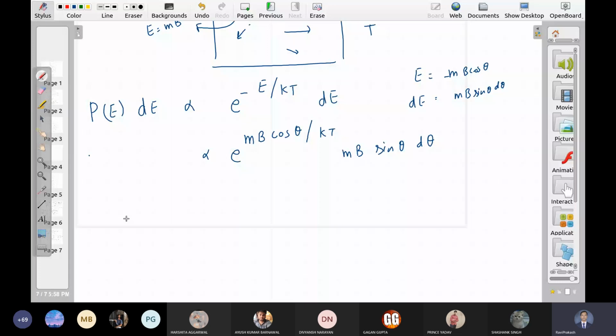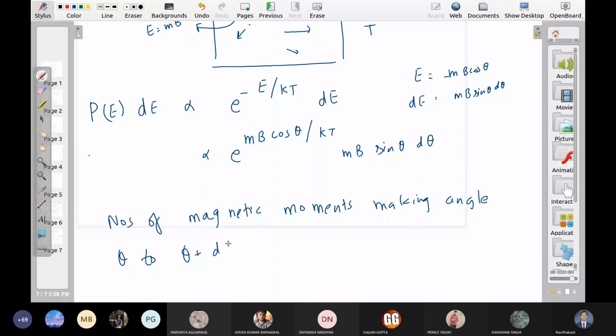Number of magnetic moments making angle theta to theta plus d theta are proportional to e to the power mb cos theta upon kT mb sin theta d theta.